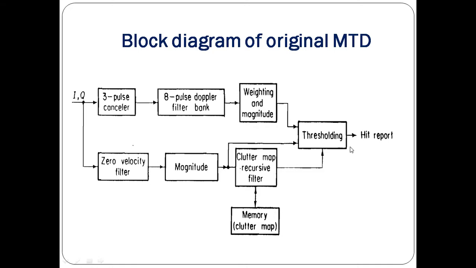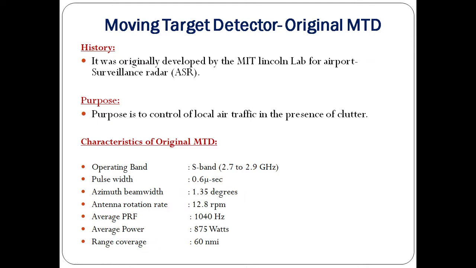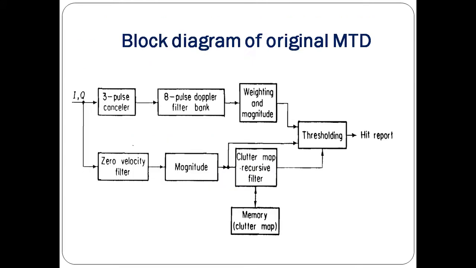The main purpose here is to control the local air traffic in the presence of clutter. With this intention, the people at MIT Lincoln Lab developed it for airport surveillance radar. It is known as original MTD.